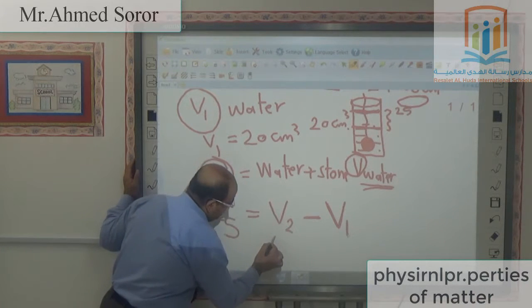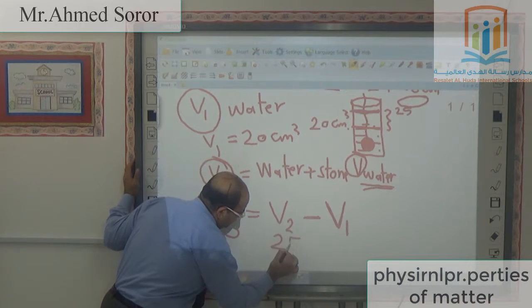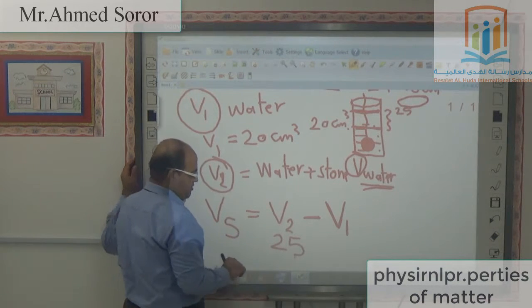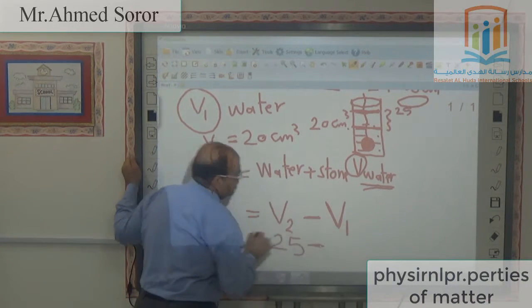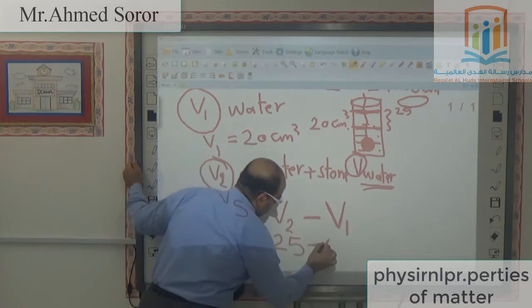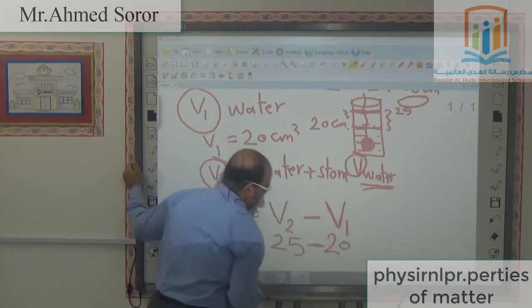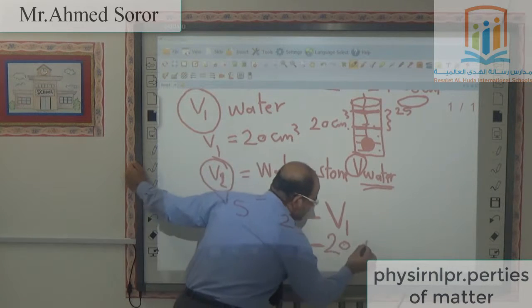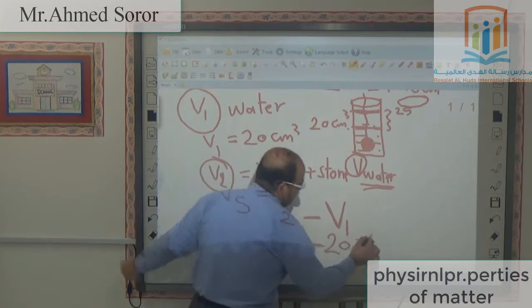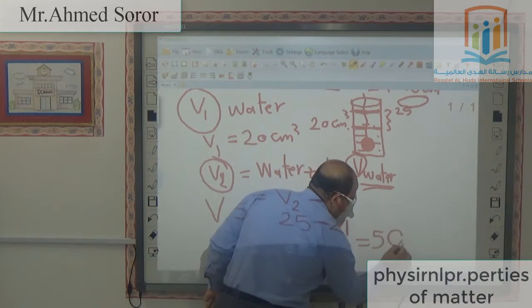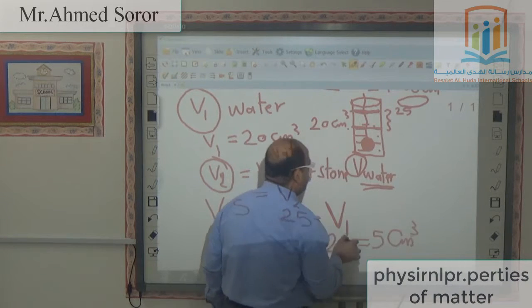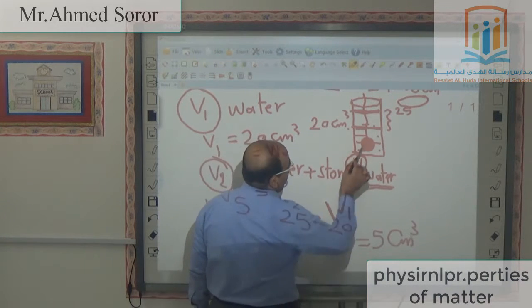V2 equals 25 minus V1 equals 20. So the result is 5 cubic centimeters. So the volume of stone equals 5.